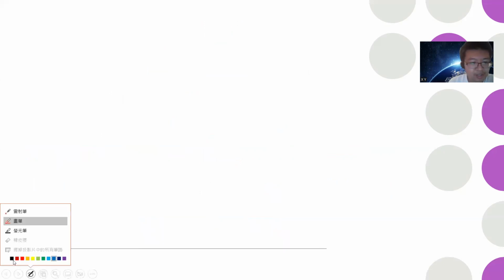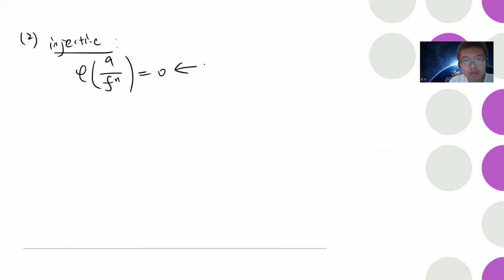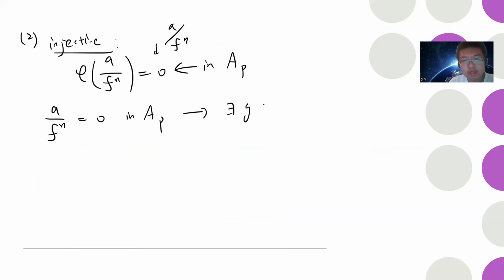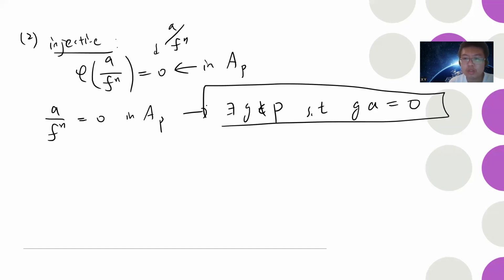Now we want to show that this guy is injective. This may be a little bit tricky. Injective means that if I take a divided by f^n and it is 0 in A_P, which means that a divided by f^n is 0 in A_P, then there exists a g not belonging to P such that ga is 0. This is the definition of ring localization.